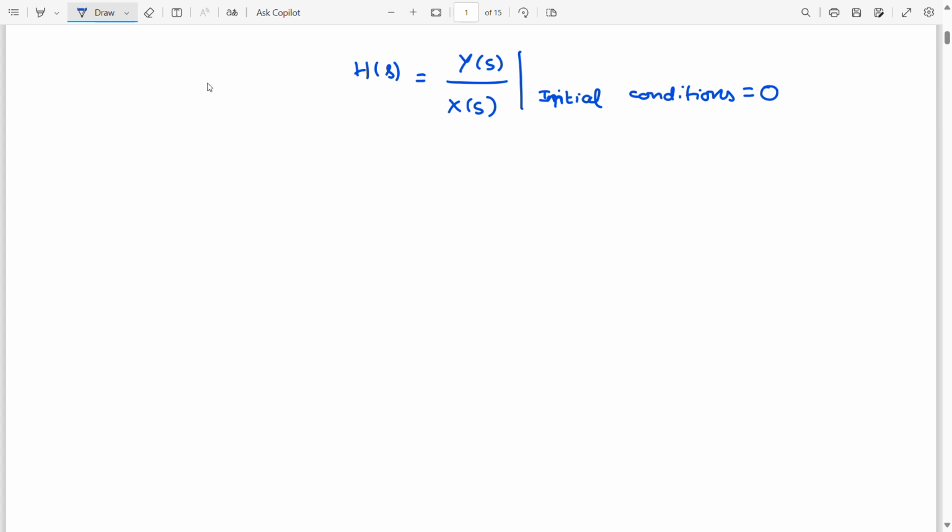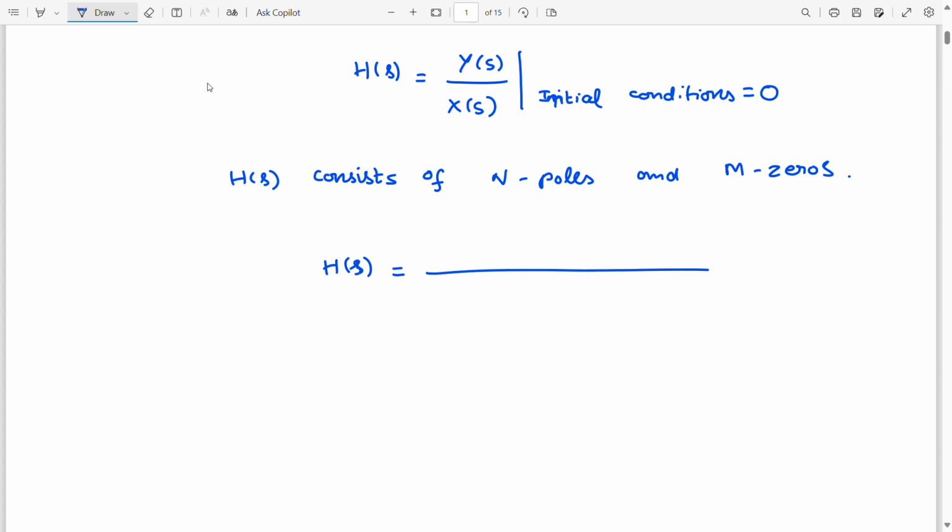Let us assume that this transfer function consists of n number of poles and m number of zeros. H of s may be represented by the numerator polynomial of order m and the denominator polynomial of order n.